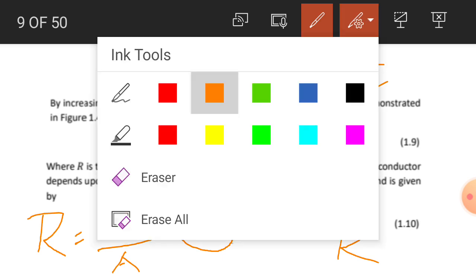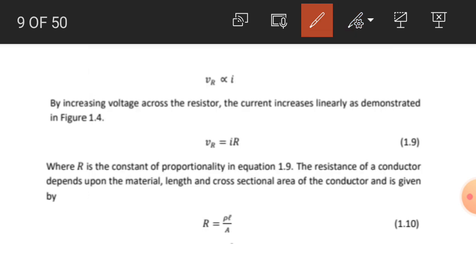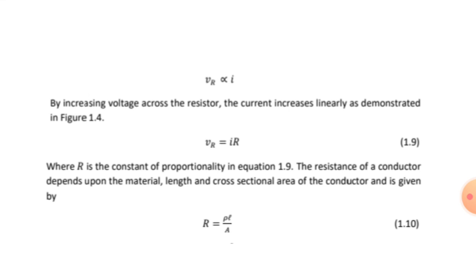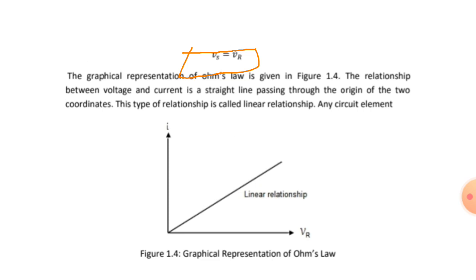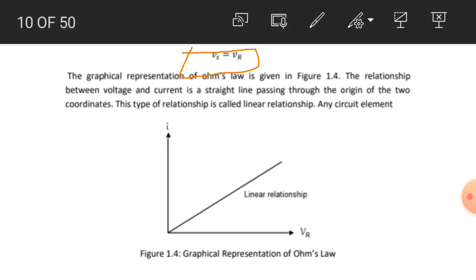Anyhow, the voltage across the resistor is directly proportional to the current if the resistance of the resistor is held constant. What I do, I consider the graphical presentation of Ohm's law over here. Figure number 1.4 gives you the graphical representation of Ohm's law.